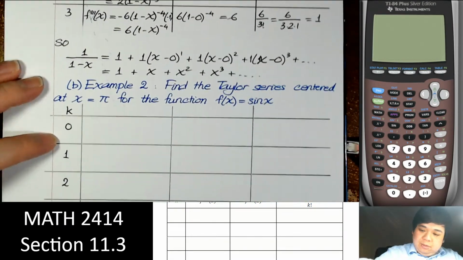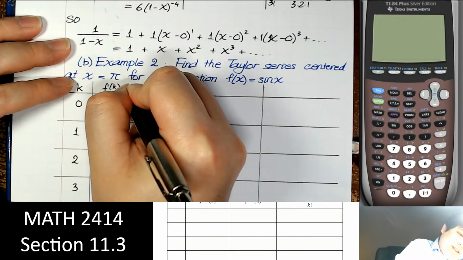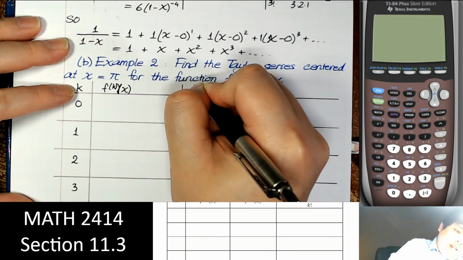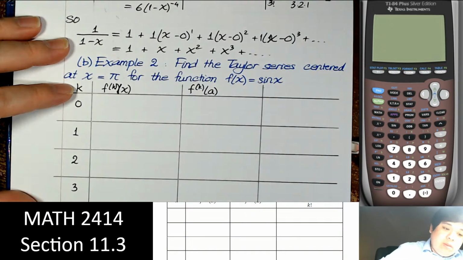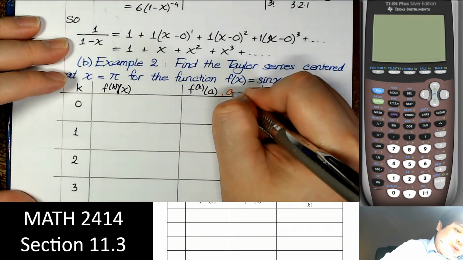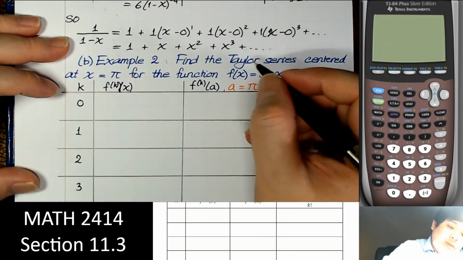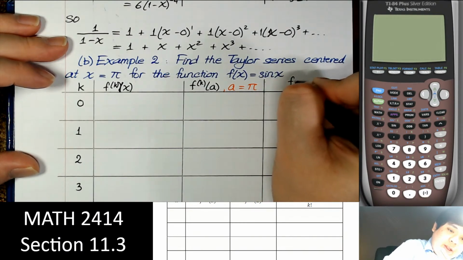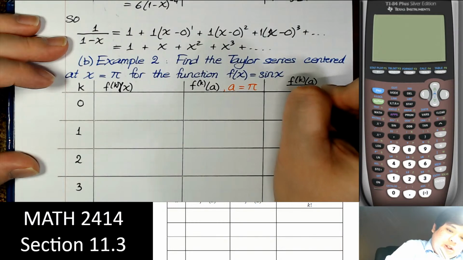Right. So the k-th order derivative at a, on this problem a is equal to pi, where it is centered, and we have that divided by k factorial.